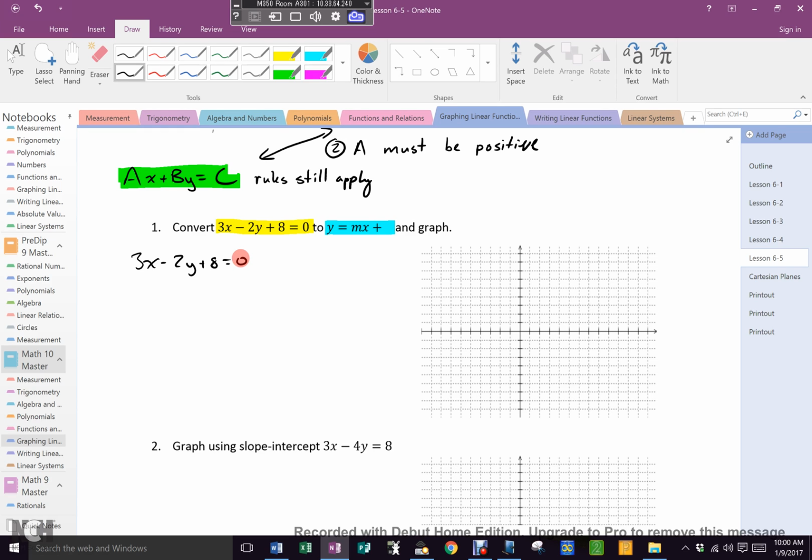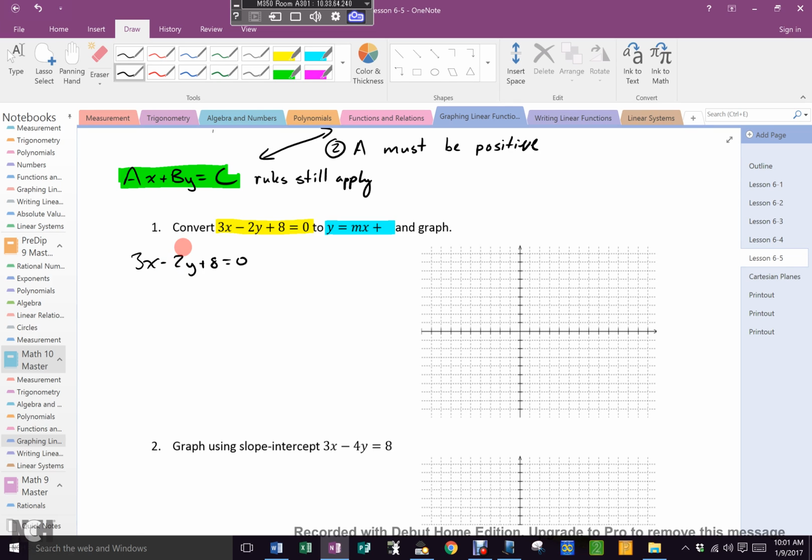Position of the numbers, right? In the blue highlighted equation, y is what? By itself and positive. So y is by itself and positive. Well, right now, y is negative and has a number in front of it. So what would be the easiest thing to do to make y one of those things we want?